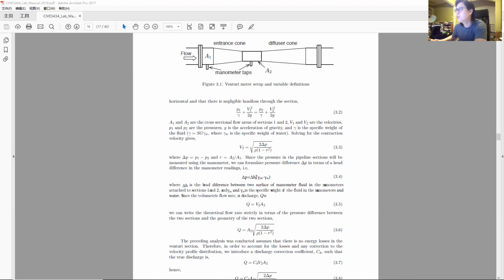And delta H is the reading you get from the manometer, the difference of the manometer fluid surface level. Because the manometer is a U-tube, let me draw a U-tube.